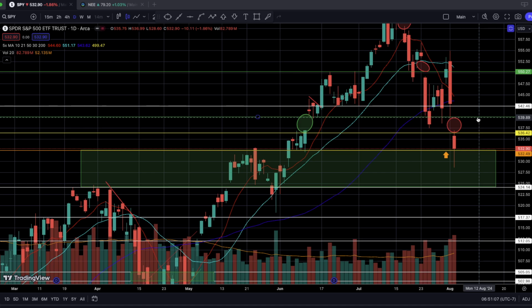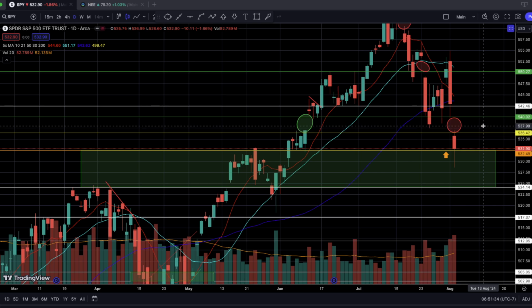So it'll be pretty nice to see a retest of 540, but again, we need to be conservative and look for a more reasonable target like 536.50 for the highs of this week. But again, 540 can definitely happen, but we need to stay conservative and look for 536.50 as the highs for this week.